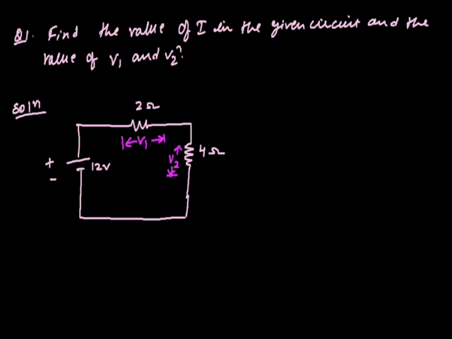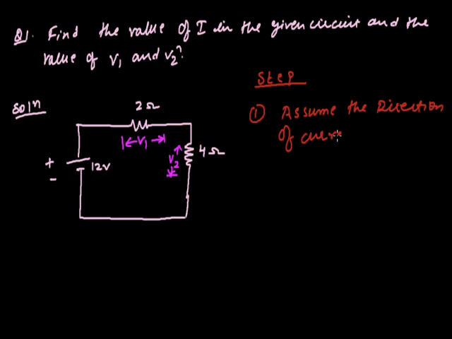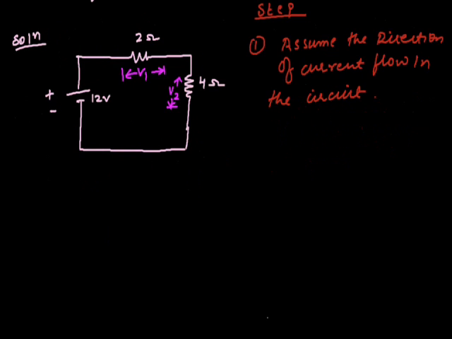The first step for solving such numerical problems is to assume the direction of current flow in the circuit. Suppose this is the direction of the flow of current and we assume current I is flowing through the two resistors. It is a closed loop.